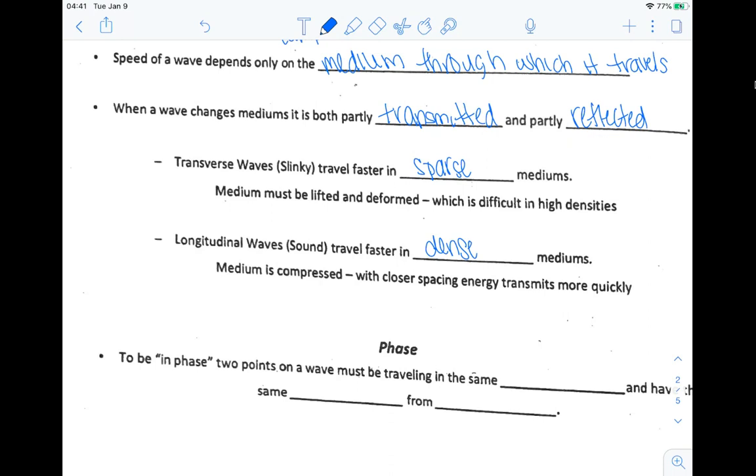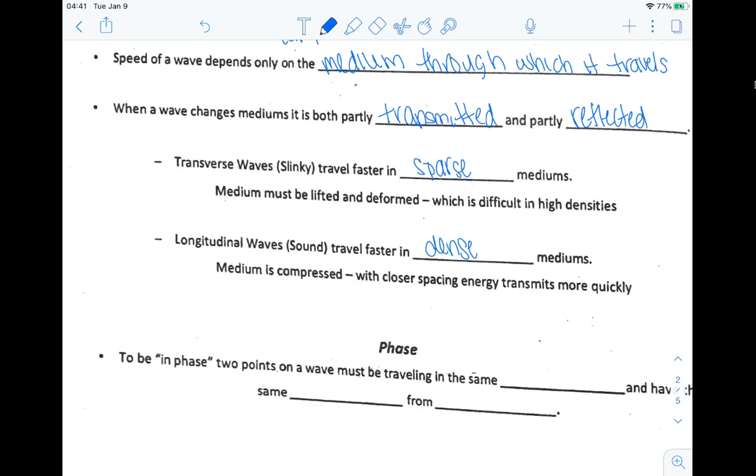Or if you have, say, an earthquake with aftershocks, if you put your ear on the ground, you're able to hear what's going on as the waves travel towards you. Or if you have people walking around you, if you put your ear on the floor, you should be able to hear the impact of those waves as they travel. So sound travels faster in dense materials. All of the other waves that we talked about will travel better in less dense materials.